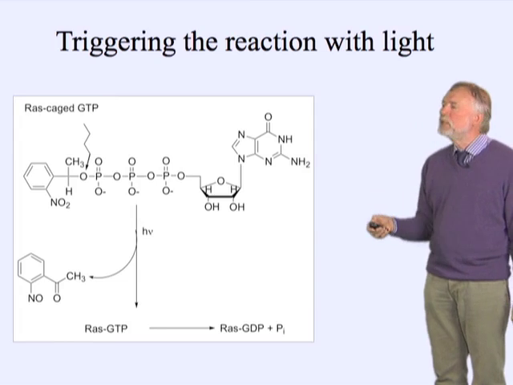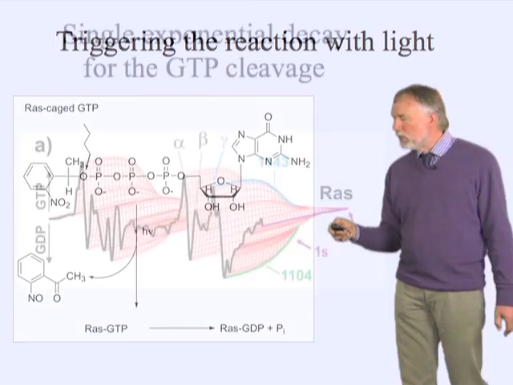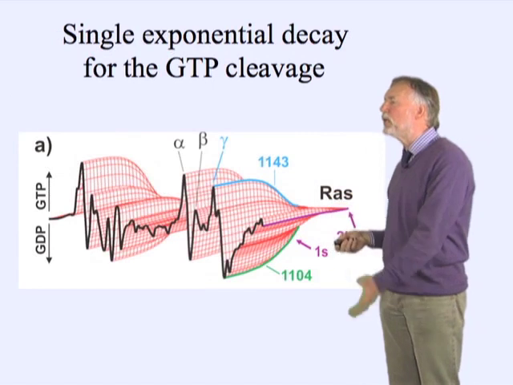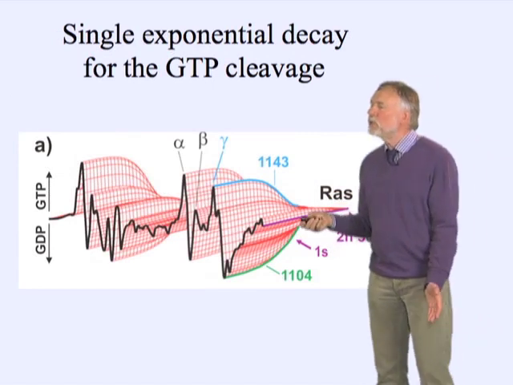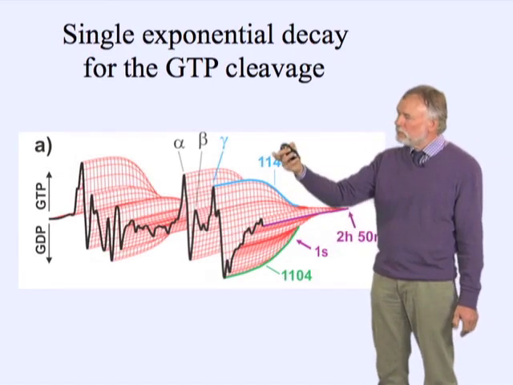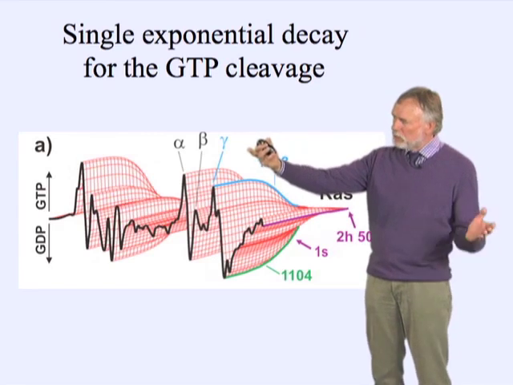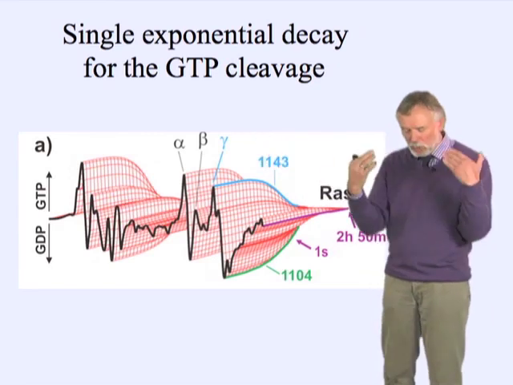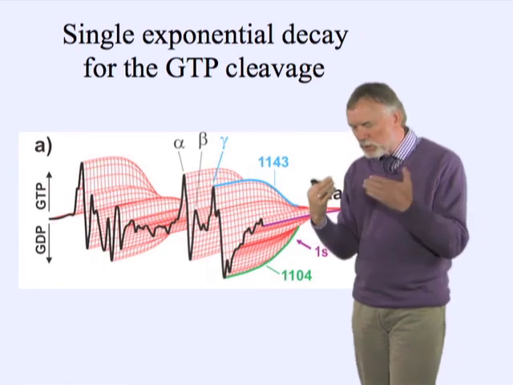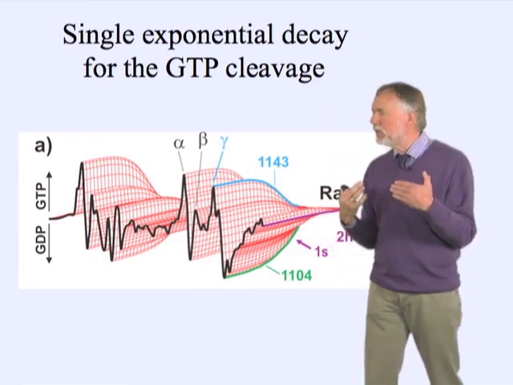If you do that with, let's say, Ras without GAP, you for example see absorbance. Any absorbance, as you might know from infrared, shows an atomic vibration in a bond.